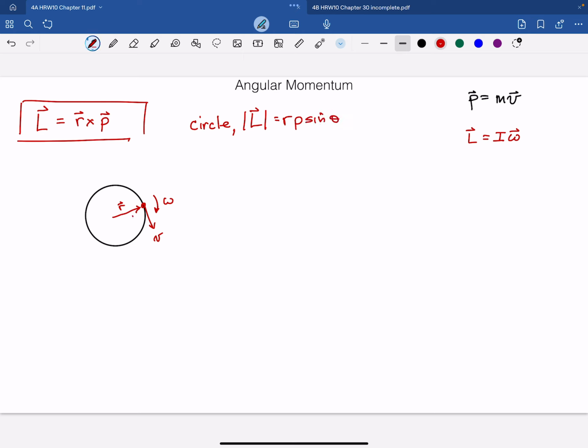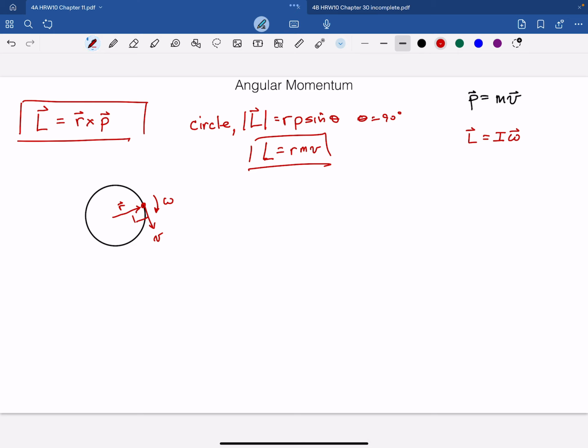Well, what's the angle between these two vectors? 90 degrees, like I just said. What's the sine of 90? It's 1, isn't it? So theta is 90 degrees for a pure circle. I get an angular momentum of RMV, which is great as long as you understand that that one is only for a circle.